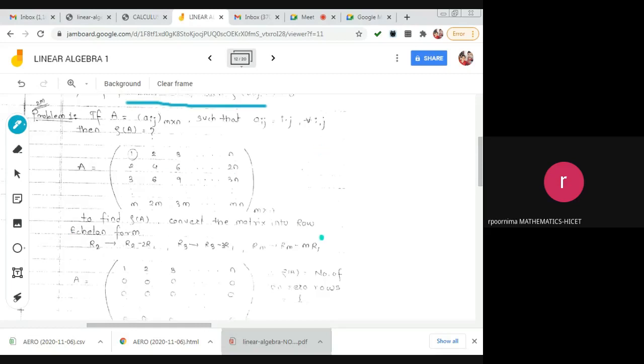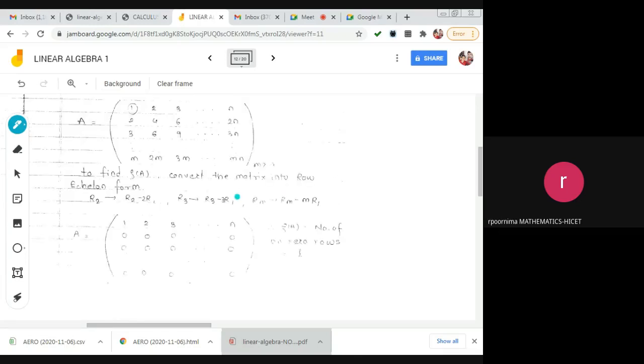After that, you get the matrix in terms of zeros. Now consider the number of non-zero rows. Here there is only the first row, so the rank of that matrix is 1. This is the answer.